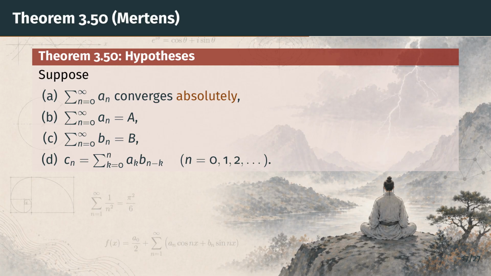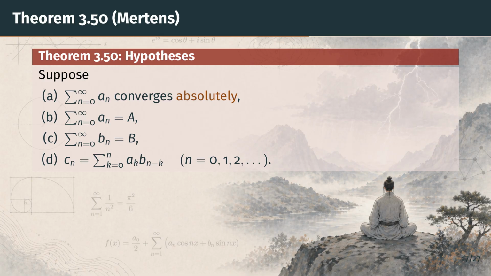Here is the theorem of Mertens, with its 4 hypotheses listed in the red box. Hypothesis A is the crucial one. The first series converges absolutely. Hypothesis B names its sum A. Hypothesis C says the second series converges with sum B. And notice that for the second series, we ask only for plain convergence, nothing more.